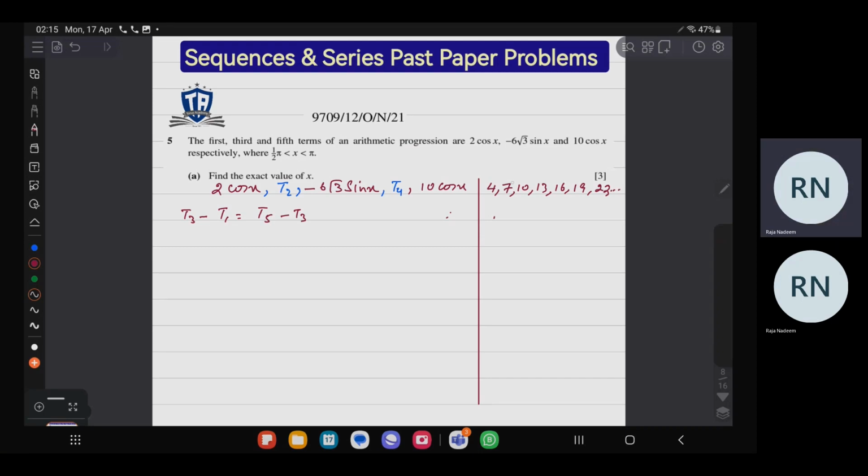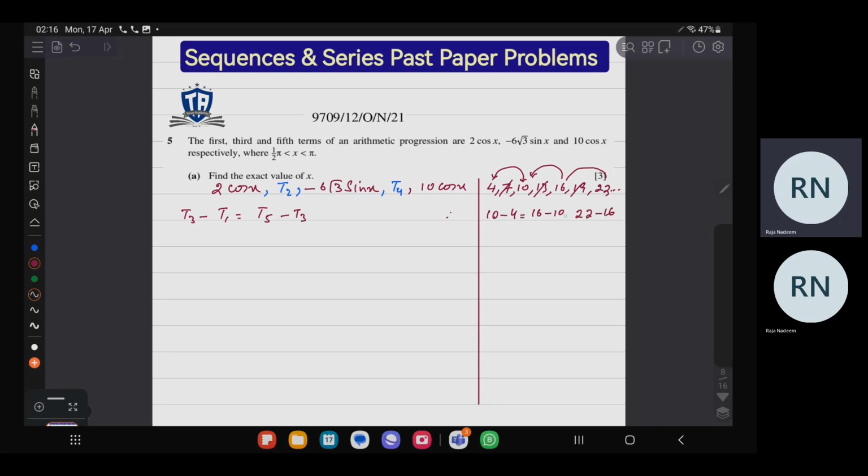If I omit the middle terms 7, 13, 19, let's see what we get if we take the difference of 10 minus 4, the difference of the first and third term, the difference of fifth minus third term, and the difference from the seventh term, which is 22 minus 16.